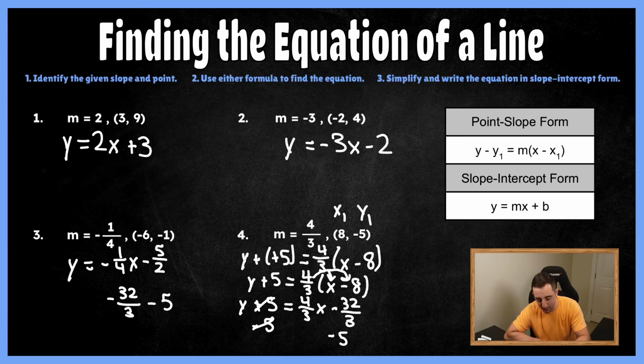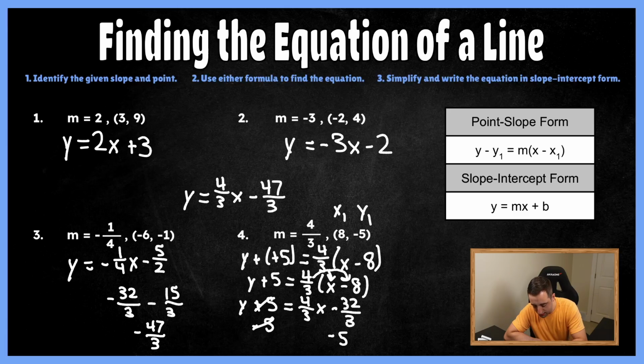You still get 5 back regardless. So we're going to do minus 15/3. And now we can go ahead and subtract our numerators because, again, our denominator stays the same number. That's going to be negative 32 minus 15, which is going to give us negative 47 over 3. So our final answer in our equation of a line is y equals 4/3 x minus 47/3.